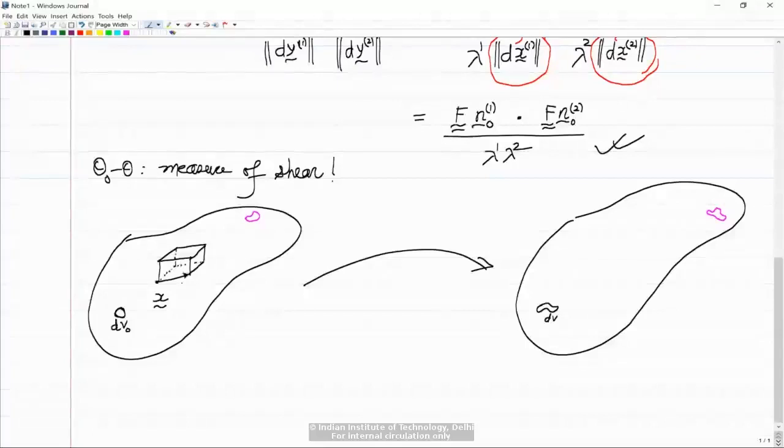This is dx1. This one is dx2. And the other one, which is the dotted one right here, that's dx3.